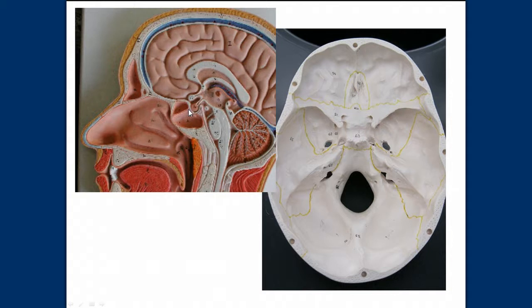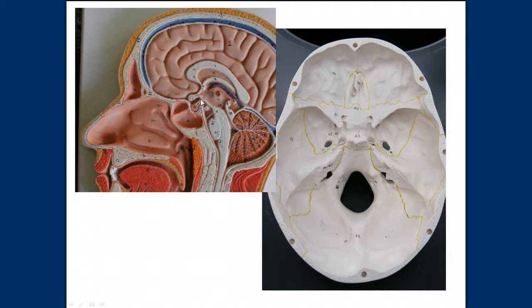That depression of the sphenoid bone is called the sella turcica, and it forms a protective groove that holds the pituitary gland. There's the cerebrum, the corpus callosum, the area of the third ventricle, and the thalamus gives rise to the hypothalamus as you come down.